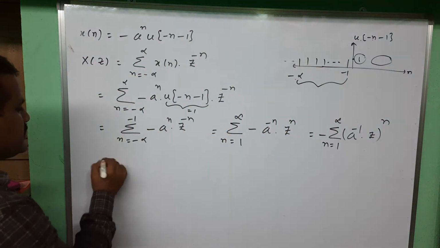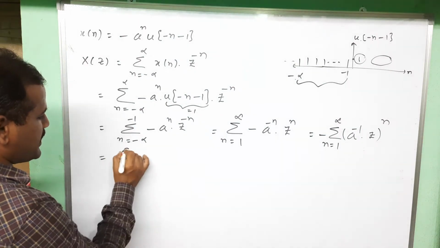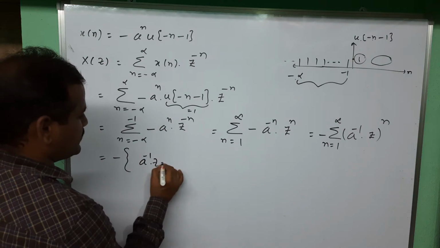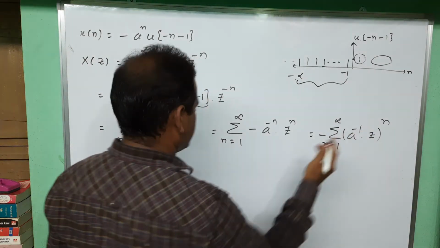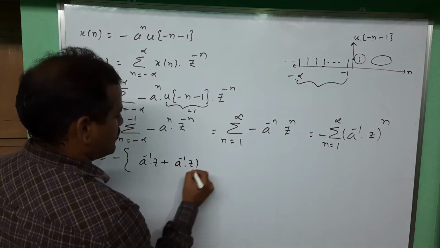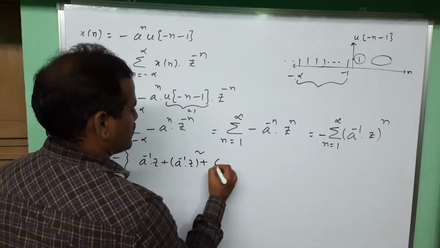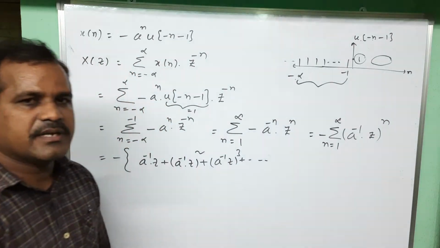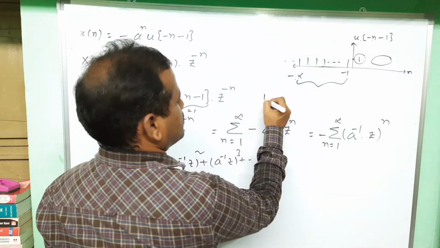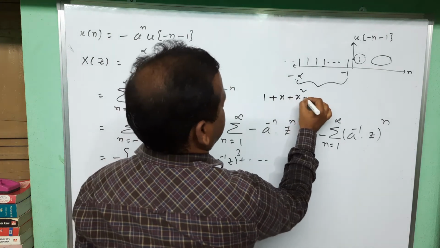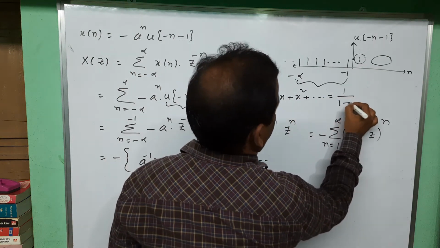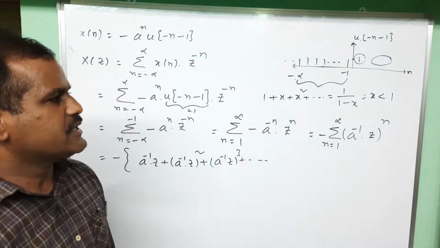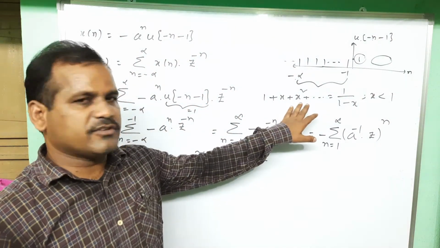Let us expand that series: minus of, for n equal to 1 this is a inverse z, for n equal to 2 this is a inverse z whole square, plus a inverse z whole cube, and so on up to infinity. The sum of the series 1 plus x plus x square and so on is equal to 1 divided by 1 minus x for the condition mod x less than 1. So we need to write this in terms of that.